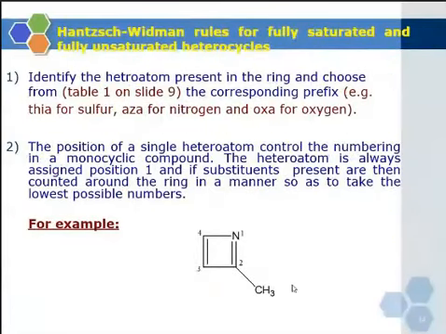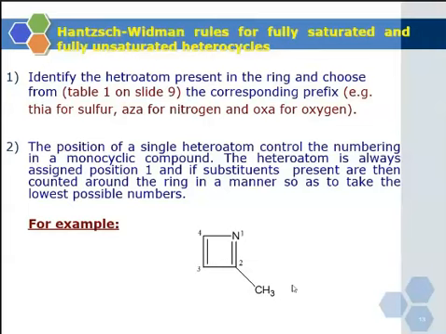Now let us see these points, or the method of IUPAC nomenclature, in detail. When we see the Hantzsch-Widman rules for fully saturated and fully unsaturated heterocycles, the first point to be taken care of is that we have to identify the heteroatom present in the ring, and that should correspond to the prefix.